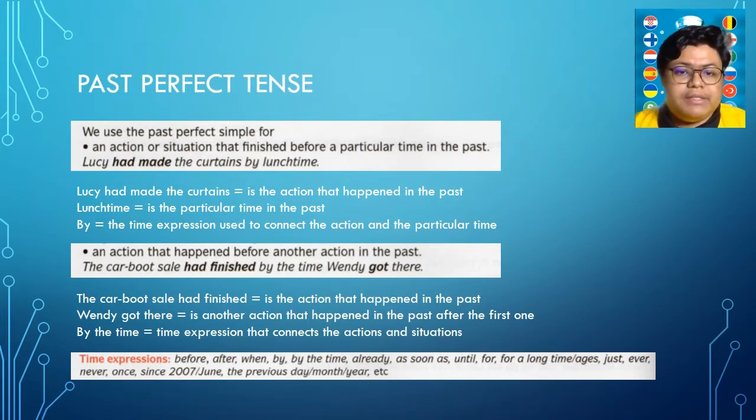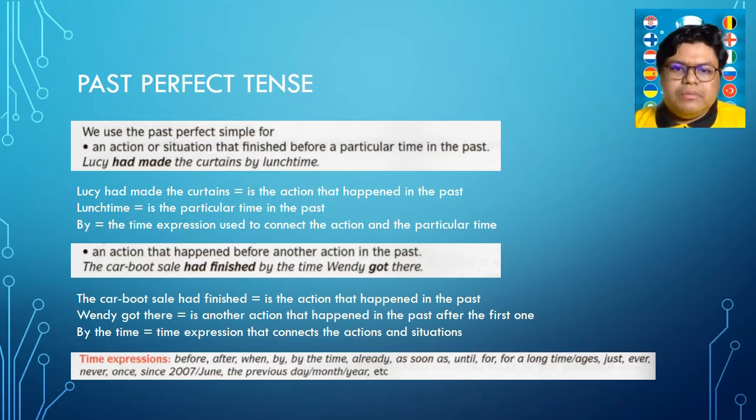Maksudnya ada dua action lah kat sini. Okay, contohnya, the car boot sale had finished by the time Wendy got there. Okay, so ada dua perkara yang berlaku. Satu, car boot sale. Satu lagi, Wendy yang sampai ke tempat car boot sale tu.